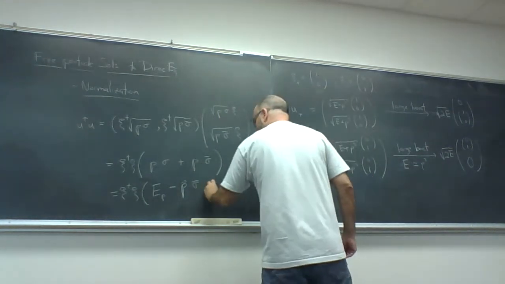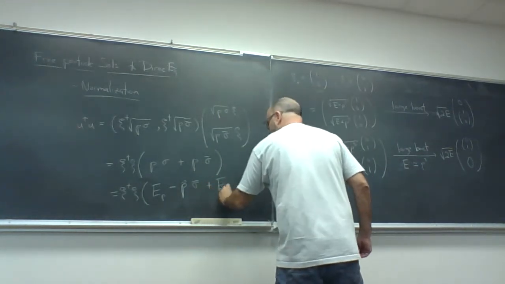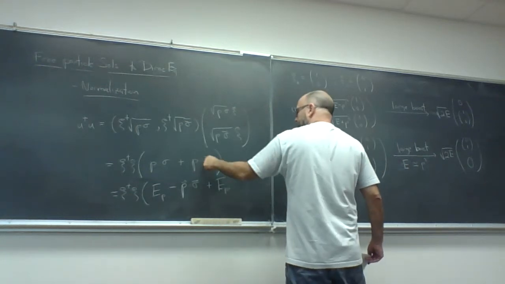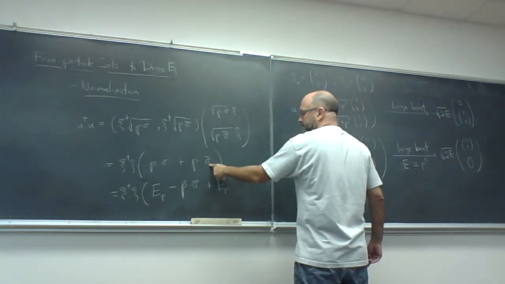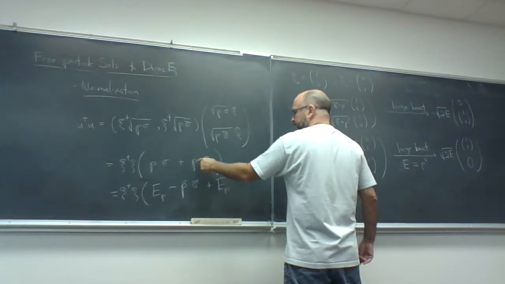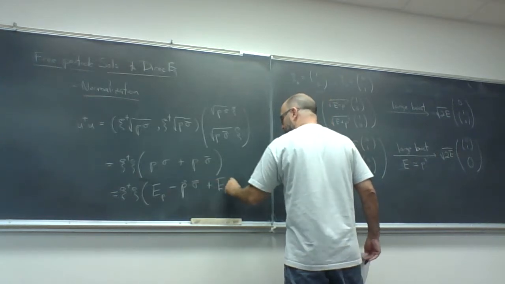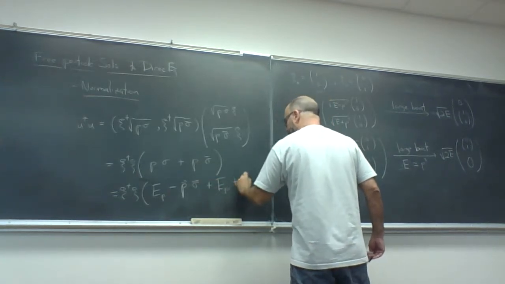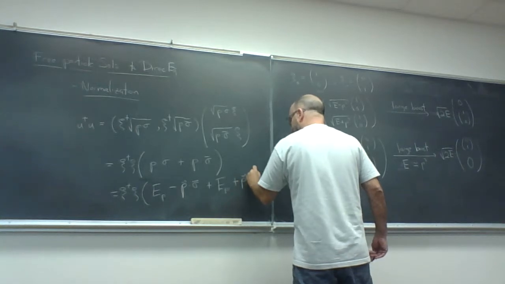And this guy gives me plus, because there's a minus sign in the three components, so the minus sign cancels with the minus sign from the metric, and it gives me a plus p dot sigma bar.